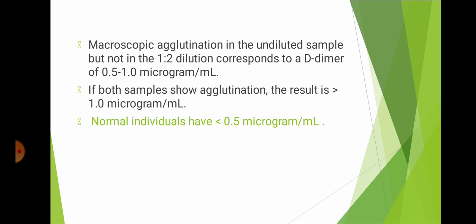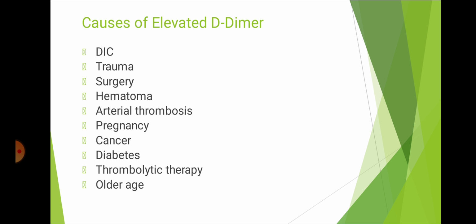If both samples show agglutination, the result is more than 1 microgram per ml. Normal individuals have less than 0.5 microgram per ml of D-dimer. Causes of elevated D-dimers: disseminated intravascular coagulation, trauma, surgery, hematoma, arterial thrombosis, pregnancy, cancer, diabetes, thrombolytic therapy, and older age.